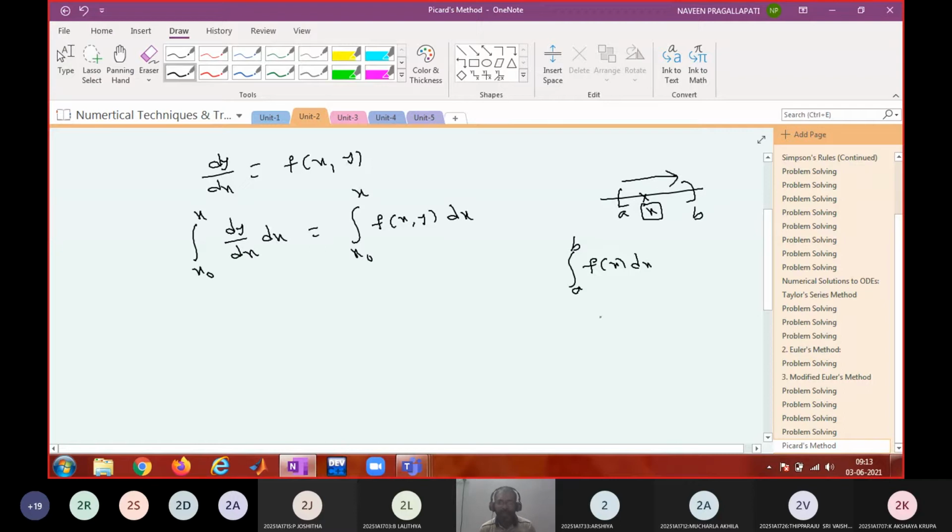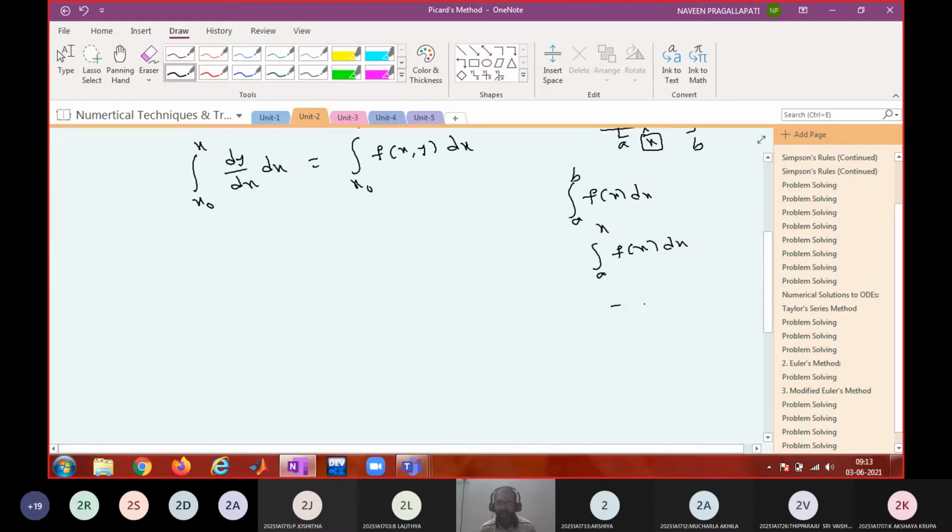But if I write integral a to x of f of x dx, that means you are integrating from a to x and x is running from a to x. Is this meaningful? No. That means, please remember, limit and variable should not be the same.